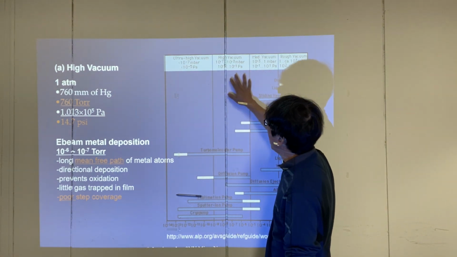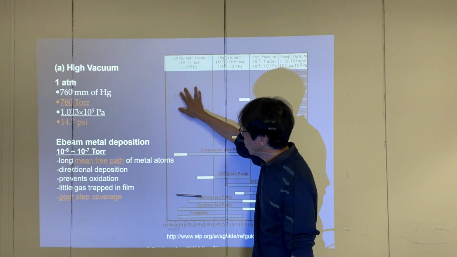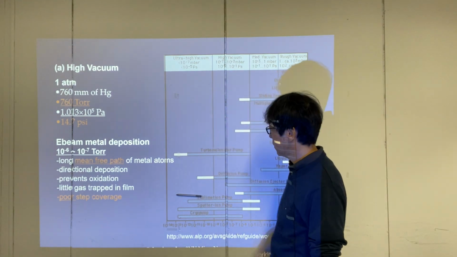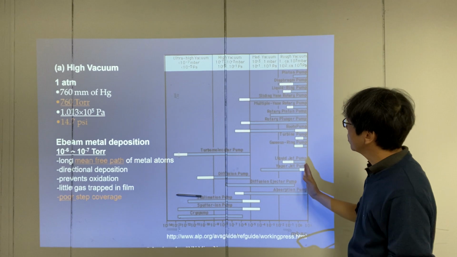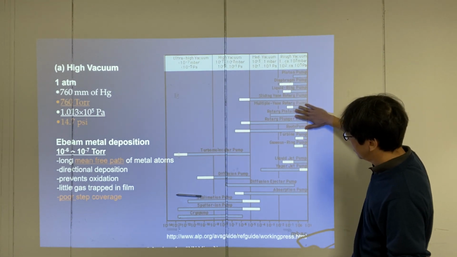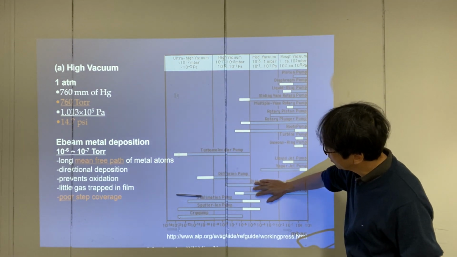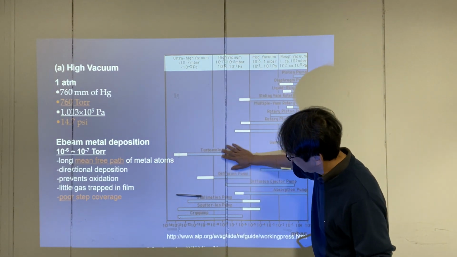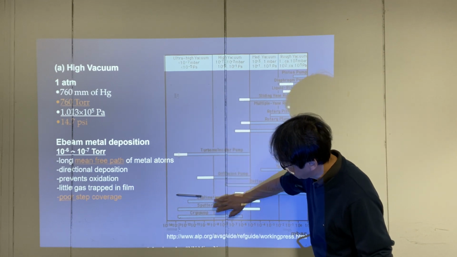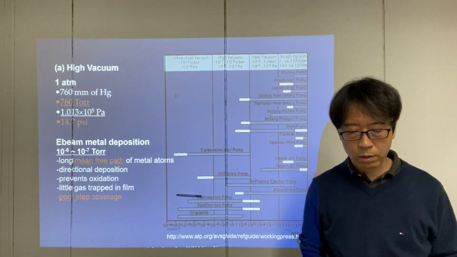And high vacuum is 10 to the minus 7, something like this. That's even ultra high vacuum. Okay, and depending on the vacuum technology, people use mechanical vacuum pump and use diffusion vacuum pump and turbo vacuum pump, cryo pump, many different combination of very special technologies. Okay.